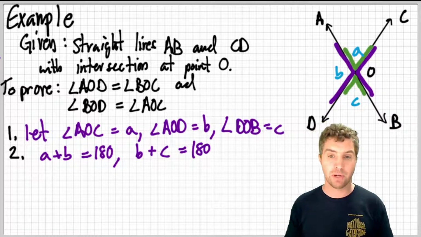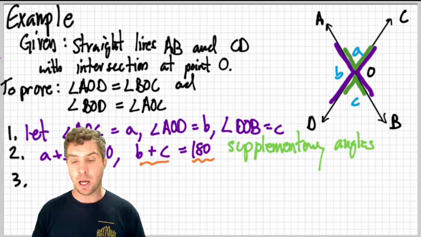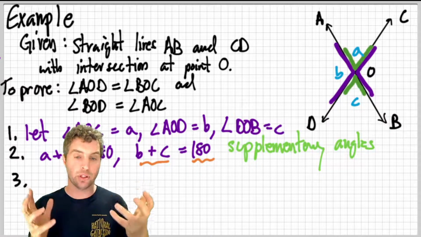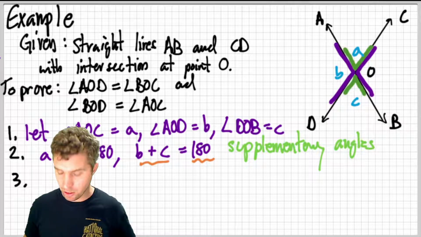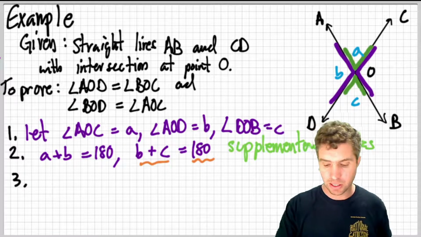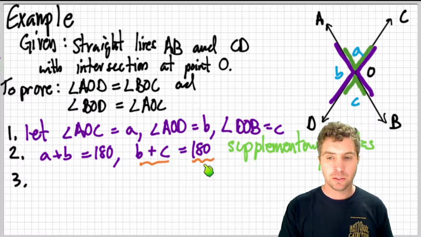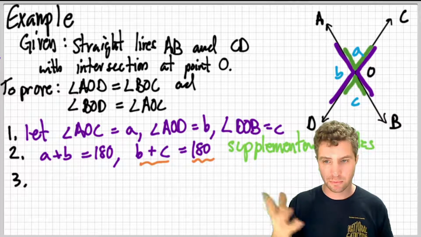But we are going to justify that by saying that those are supplementary angles, they add up to 180. Now, I've got my little orange squiggle under this B and the C and the 180 to point out that those two things are equal. B plus C equals 180, which of course they do.